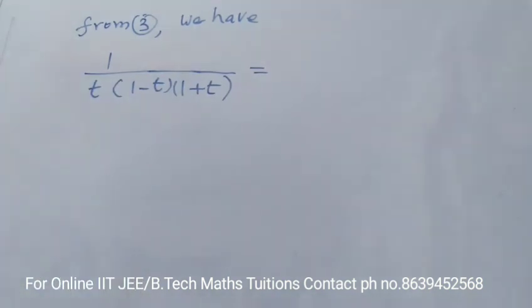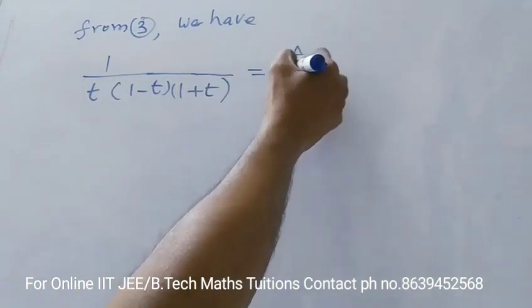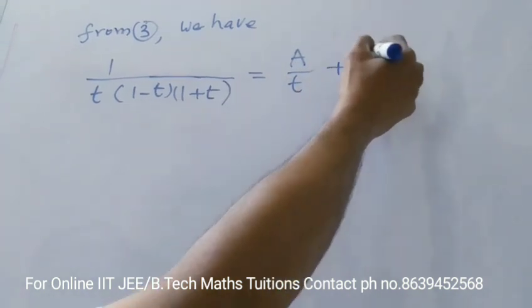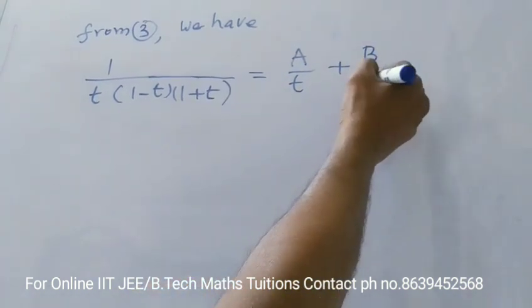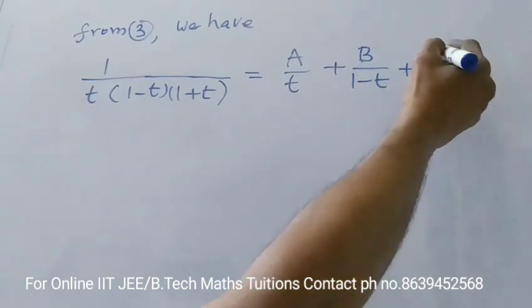So here a by t plus b by 1 minus t plus c by 1 plus t.